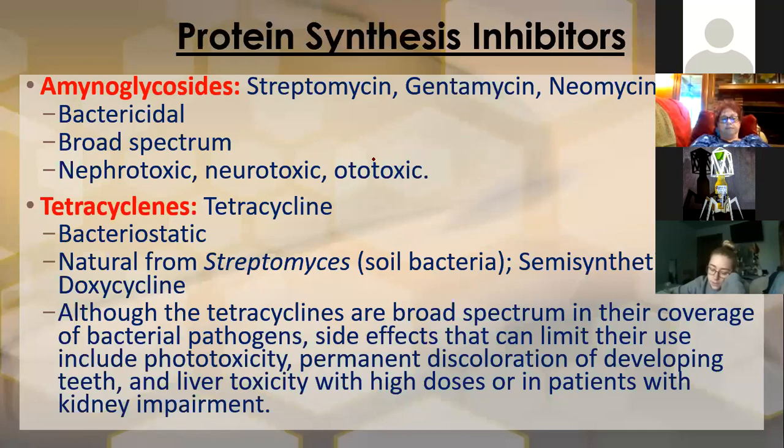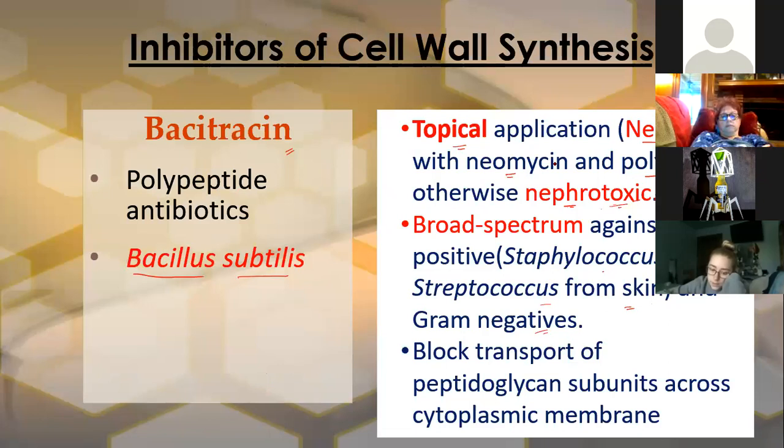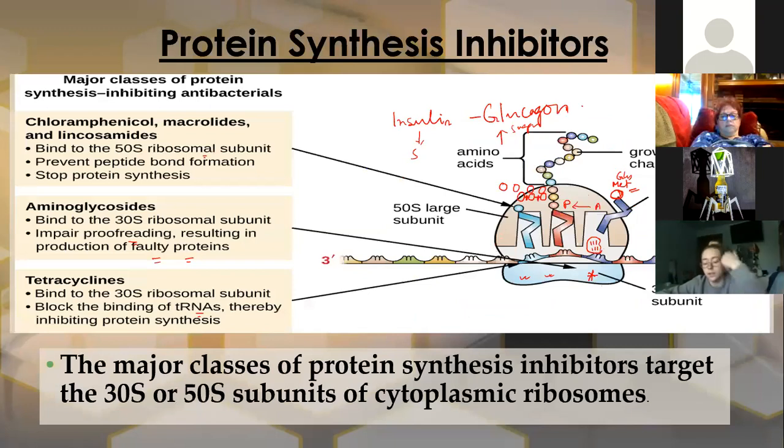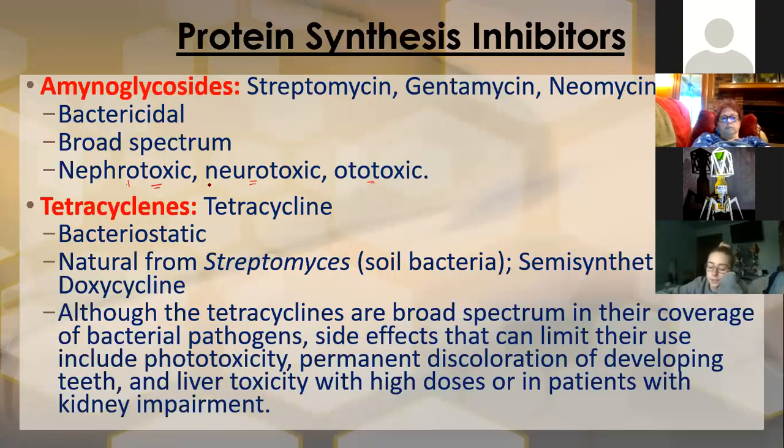Aminoglycosides, this group of antibiotics like streptomycin, gentamicin, and neomycin, are bactericidal, broad spectrum, and they are nephrotoxic, neurotoxic, and ototoxic. Nephrotoxic means it affects the nephron of the kidneys, it damages the kidney.